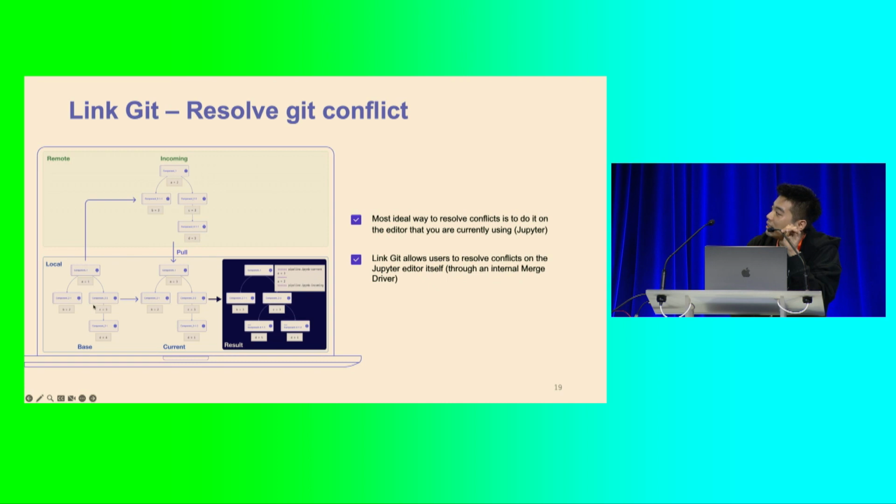Base is an initial state, and I and another team member will start working on this pipeline. I call them X. I change this source code, and current is for me. I change component 1 source code to A equal 3, and X changed it to A equal 2.